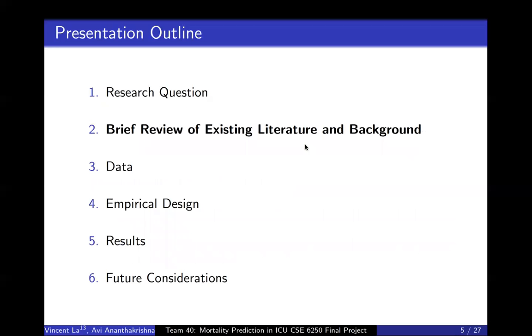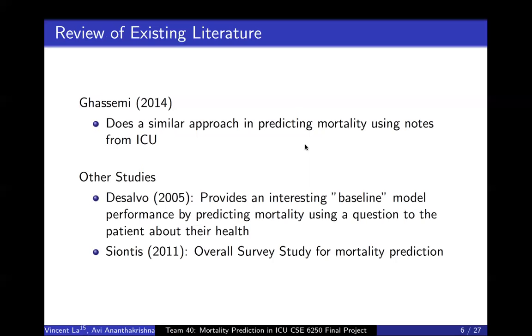So now we're going to go into a brief review of existing literature. The paper that most resembles ours is Ghassemi, who wrote a paper in 2014 that looks at predicting mortality using notes from the ICU setting.